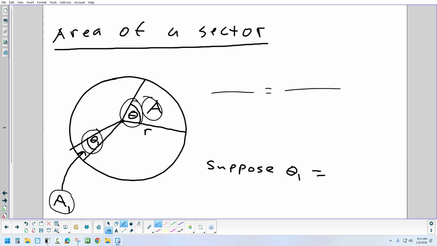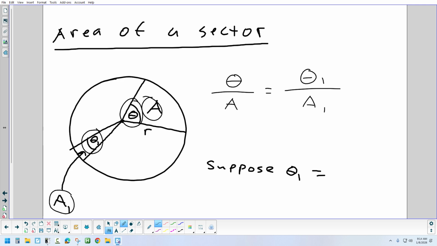Theta over A? Sure. There's no really wrong way to do the left side as long as you set up the right side identical to the left. Now, what would go on the right side? Theta 1 over A1. Yeah, theta 1 over A1.